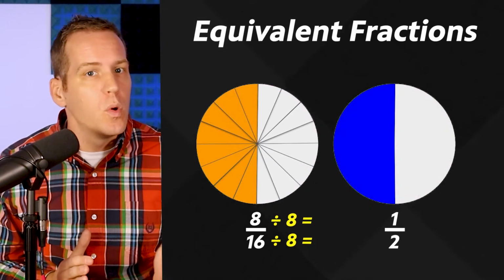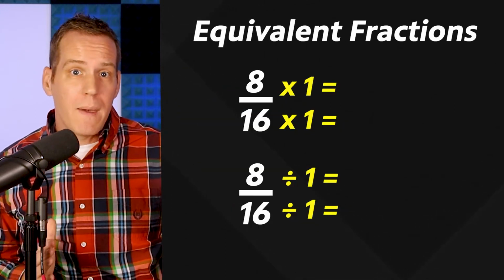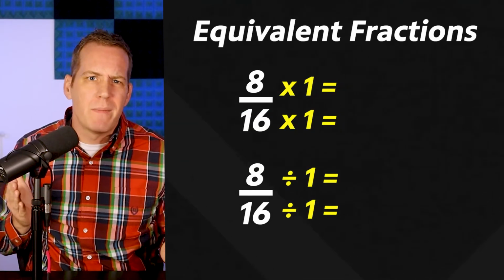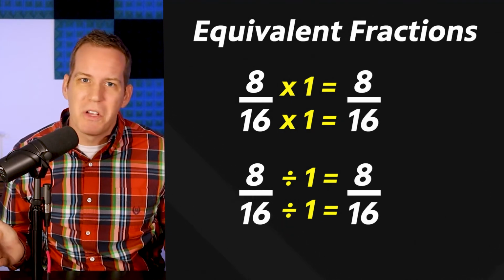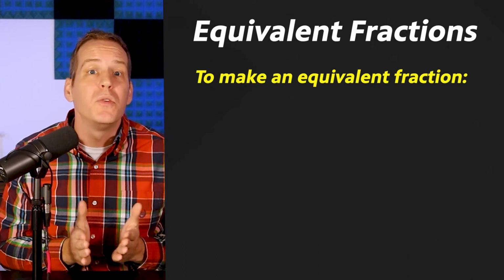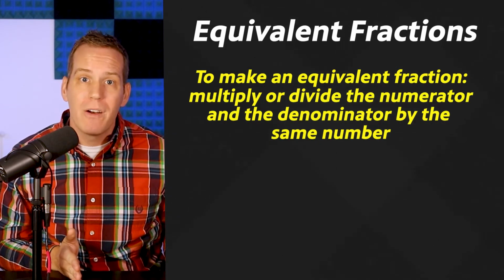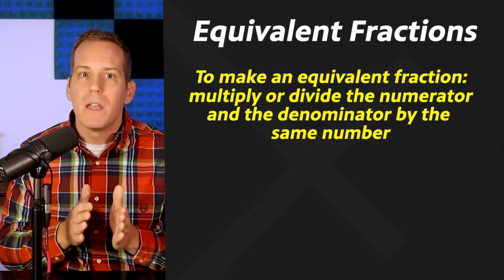The only whole number you wouldn't want to divide or multiply your fraction by would be 1. Can you see why? Because if I multiply or divide by 1, it won't change the numbers at all. All right, let's review. To make an equivalent fraction, you can what? Multiply or divide the numerator and denominator by the same number.